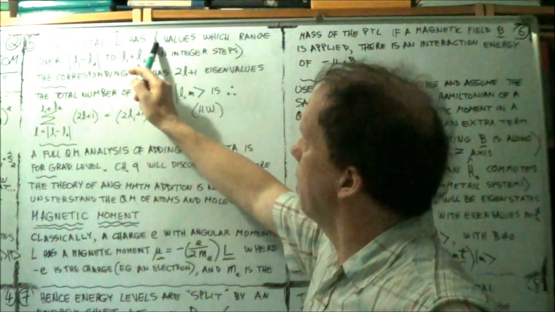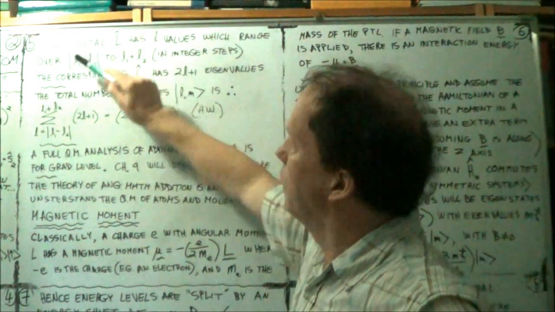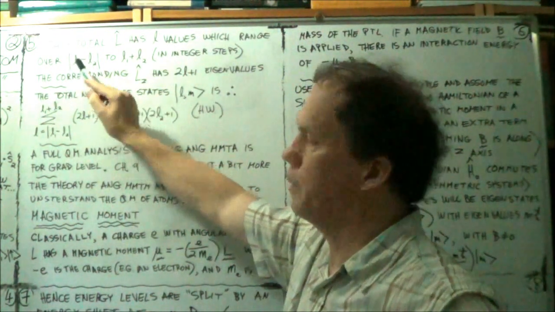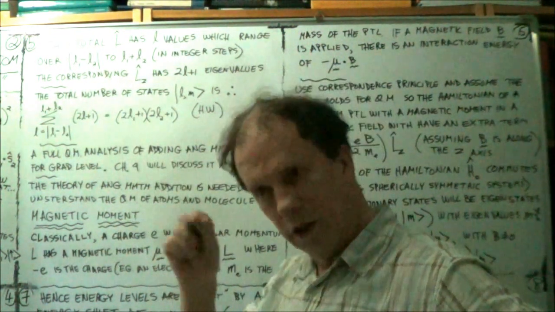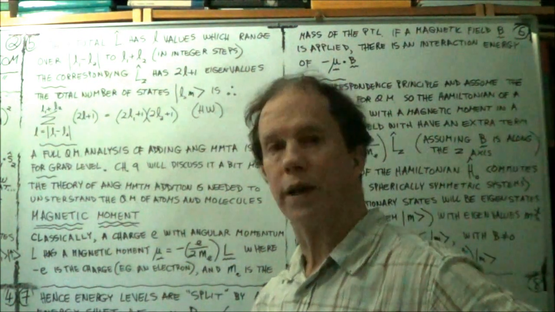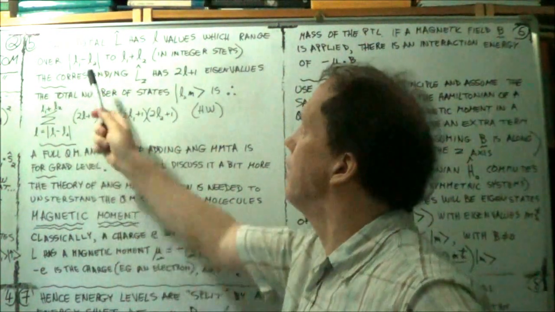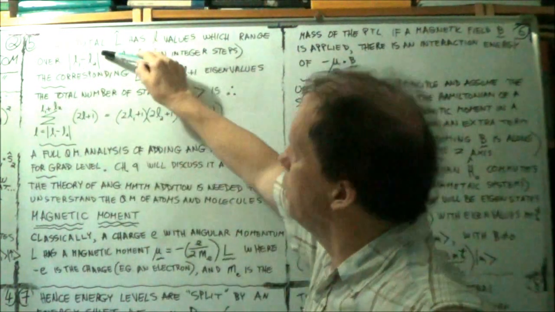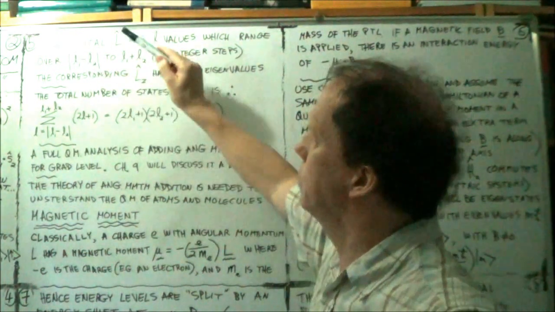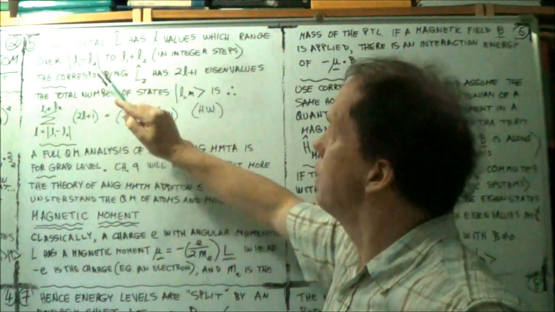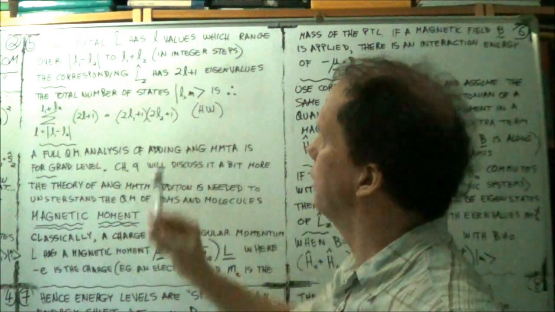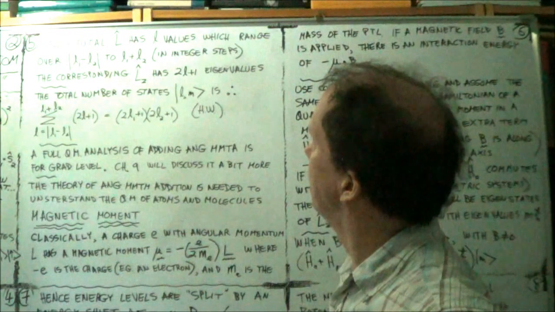These L's here range over the modulus of l1 minus l2. Now l1 would be the little l value, the eigenvalue for the angular momentum of particle or system 1, and similarly for 2. So it ranges from the modulus of the difference between those two, that's the smallest value, to l1 plus l2. Okay?